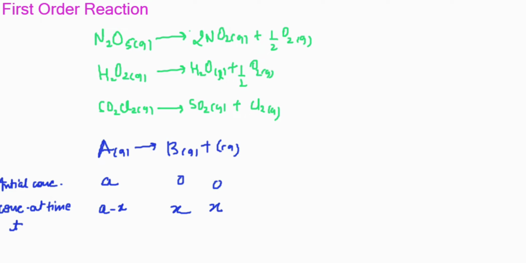We know the reaction order is experimentally determined. So how can we write the rate of the reaction? The rate of the reaction is minus dA by dt, which equals dx by dt.